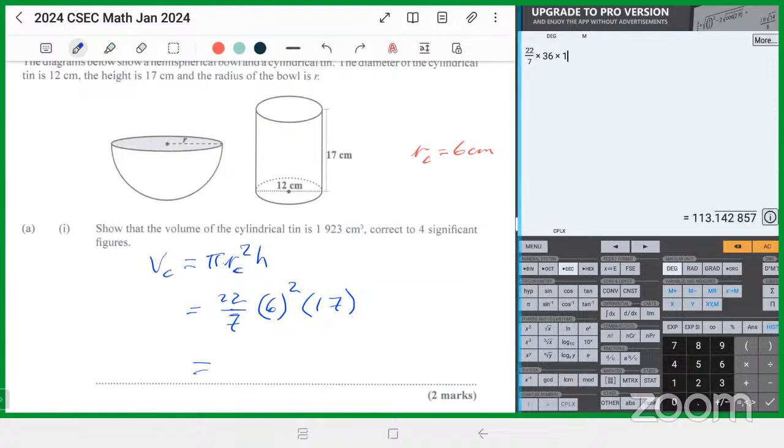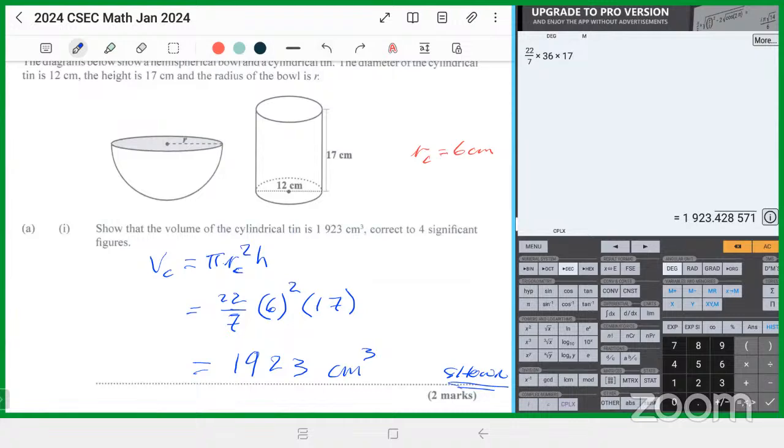Correct to 4 figures, it's 1923 centimeters cubed. And that was shown. That's the same figure we have here.